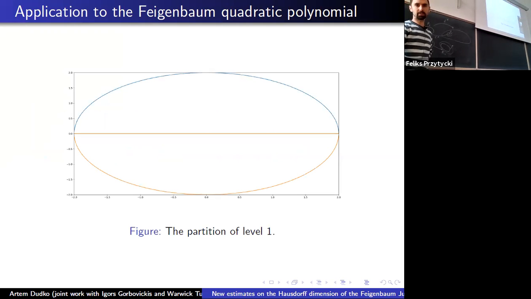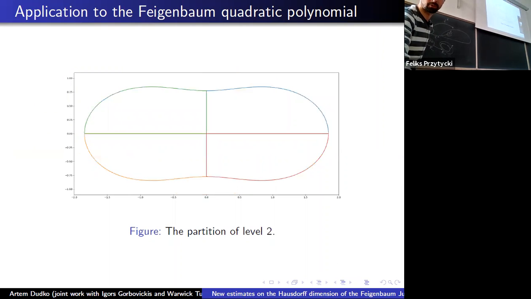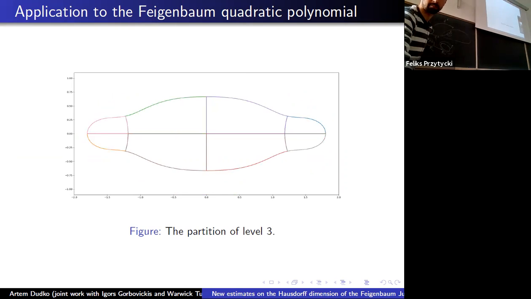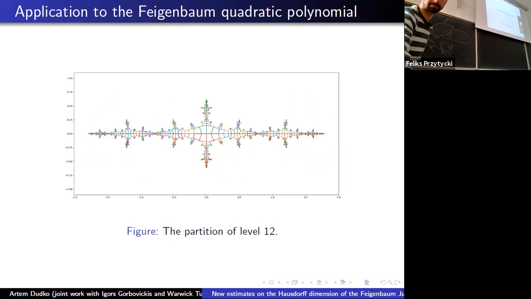So here is the picture. The partition of level 1 is just 2 half disks. When we take preimages under the Feigenbaum polynomial, we have 4 pieces, each of them containing 0 on the boundary. Then 8 pieces, 16, and so on. This is an example of a more refined partition of level 12.